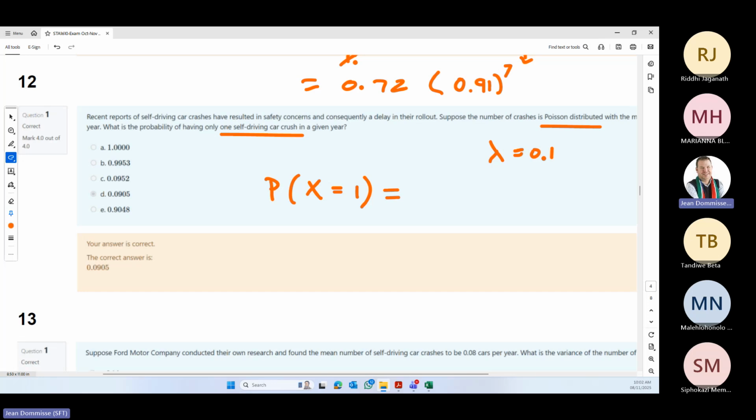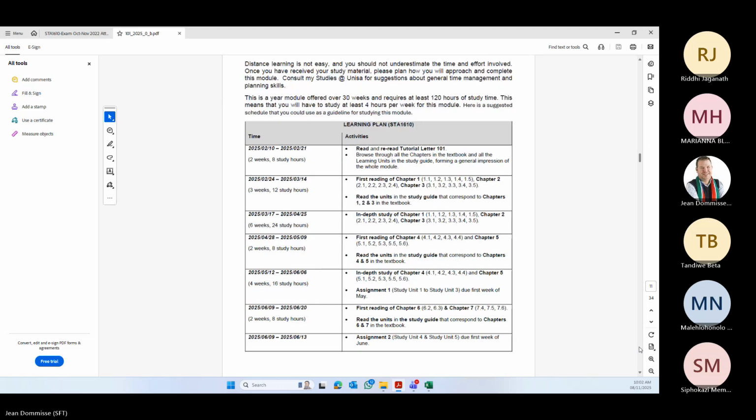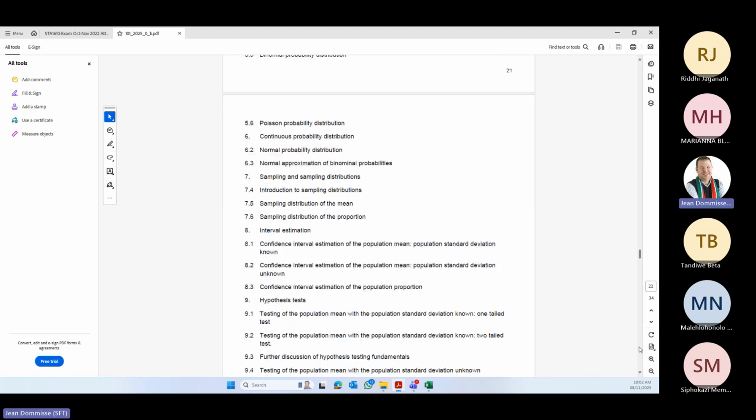Okay, so we need to again get to that table. So we're going to the Poisson probability.